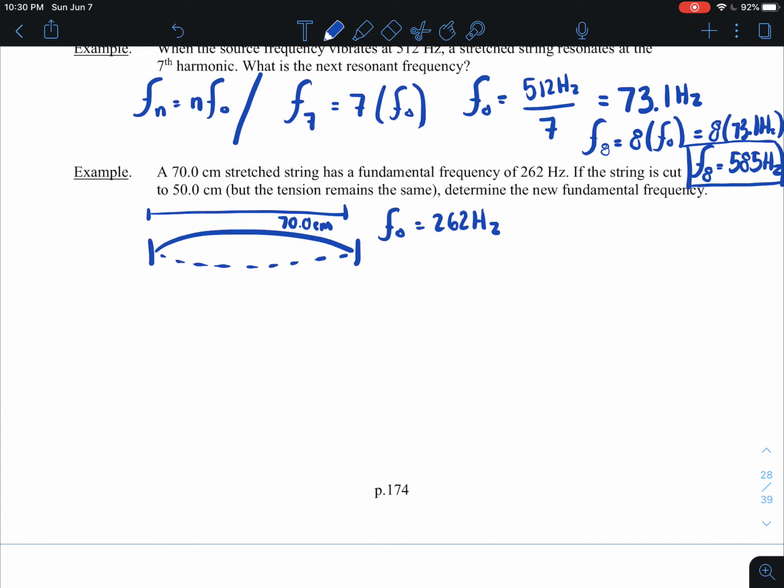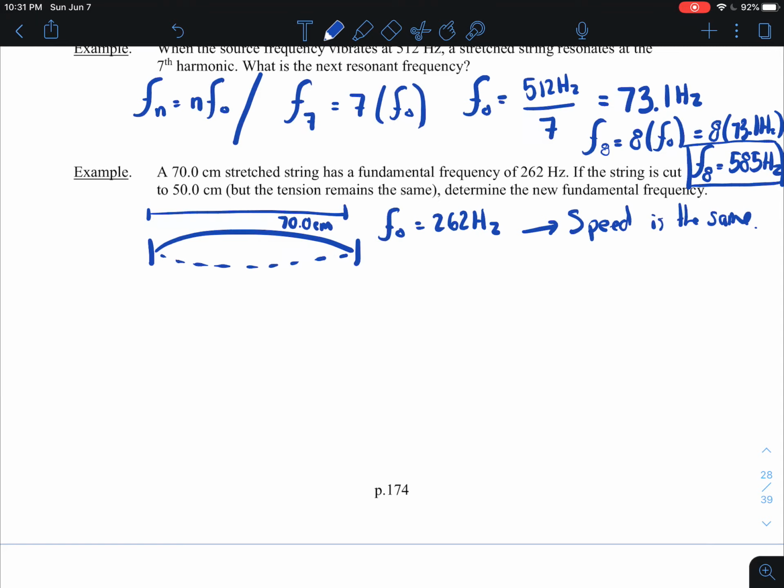If it's the same string, the same tension, just a different length, we can assume the speed remains the same. So really, if I can solve for the speed for the first one, use that speed in the second one, and then solve with the new length, I should be able to solve for the fundamental frequency.